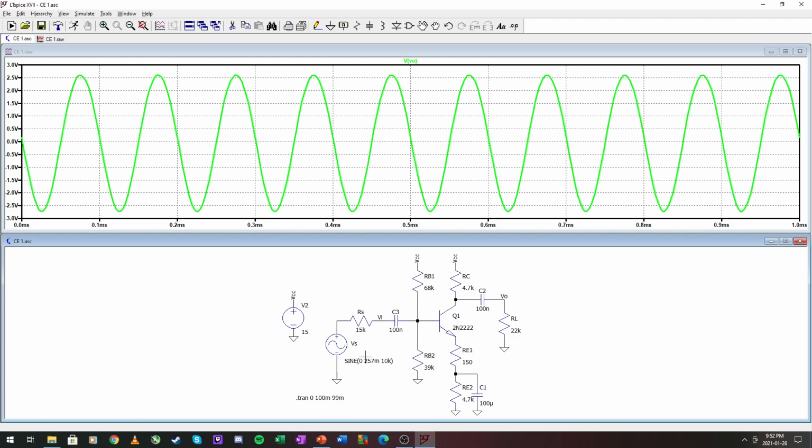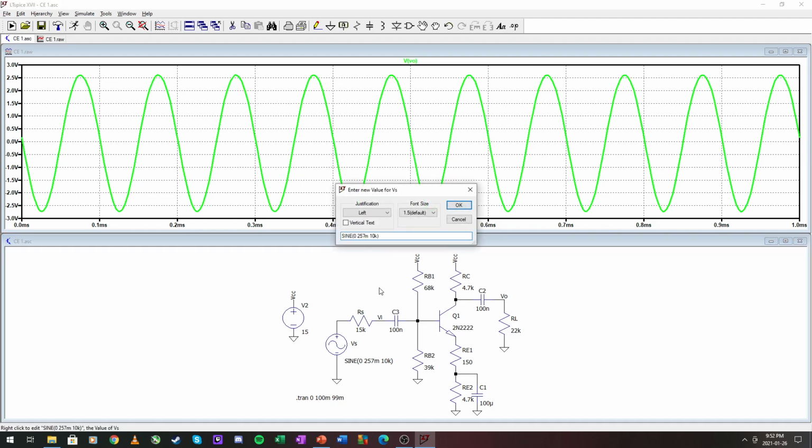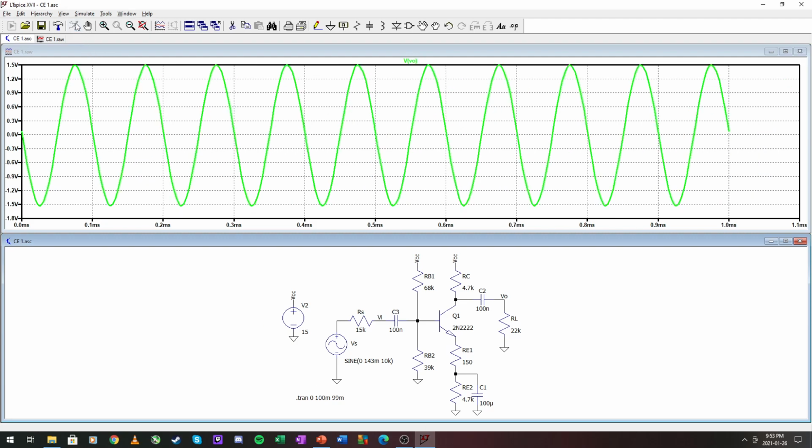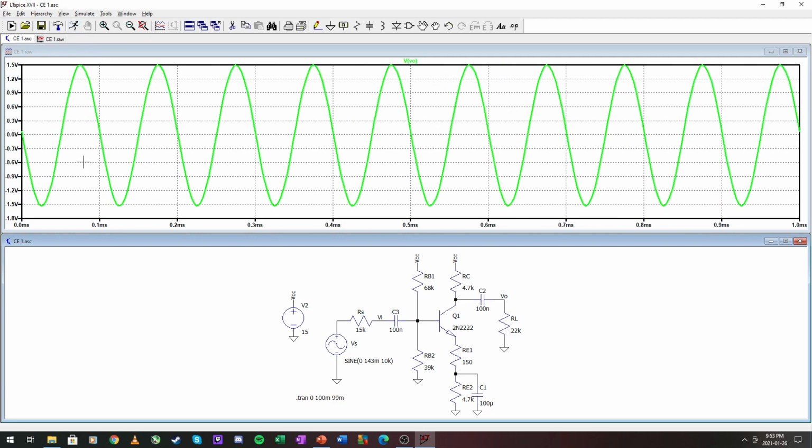The last step is where we determined when it's actually linear, and this is with 143 millivolts right there, and you will see that there is actually an improvement on the signal quality right there.